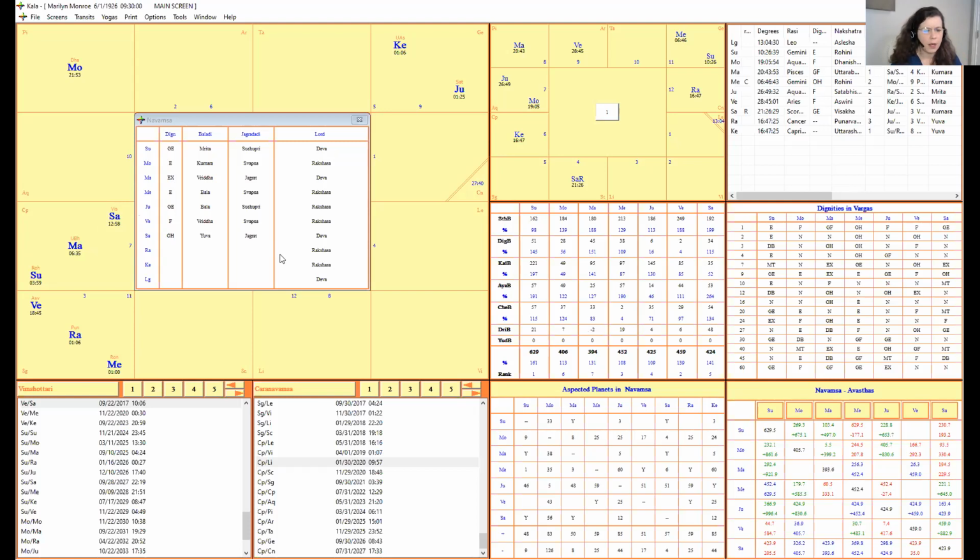So what can we say here? Mars is our capacity to fight the good fight, to stand up for what we believe in, our capacity to be logical on our path, and to know what is worth fighting for.